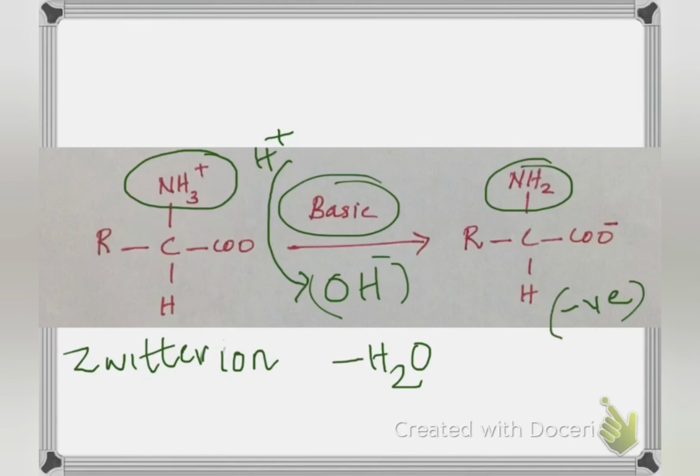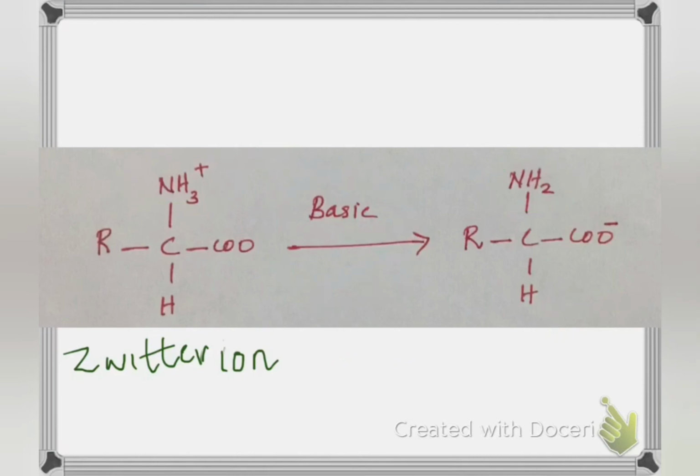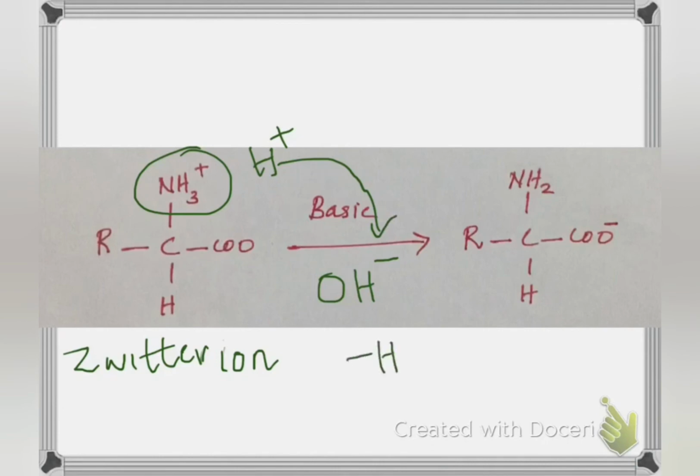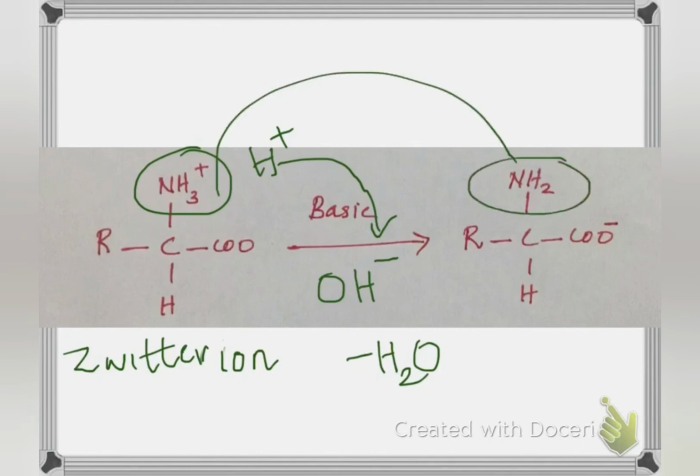I will explain once more. In the basic condition, the OH minus concentration is more. So the H plus from the NH3 plus moves out and combines with the OH, releasing H2O, and the NH3 plus becomes NH2.